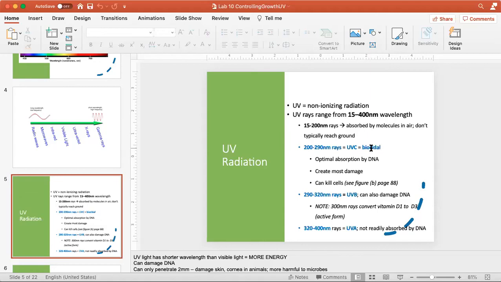So death to living things when they get hit in this range, because at this range, the ultraviolet radiation is optimally absorbed by the DNA, and you get the most damage to living cells. So ultraviolet UVC rays are the kind that can kill cells.